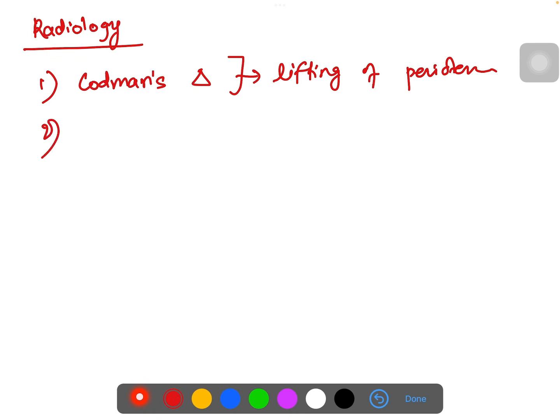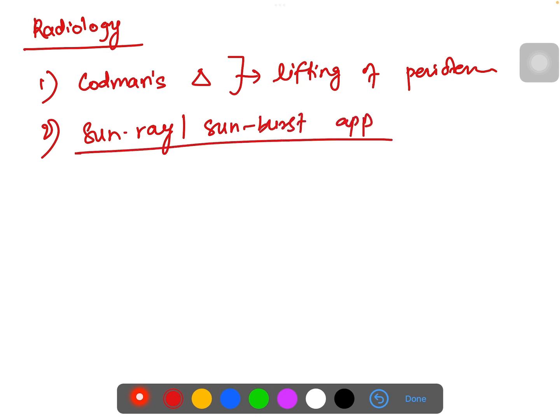And then the second one is what we call the sun ray or the sunburst appearance. This sunburst appearance is actually, as it is a bone forming tumor, due to the calcium deposition on the bone, the sunburst appearance is being seen, right?